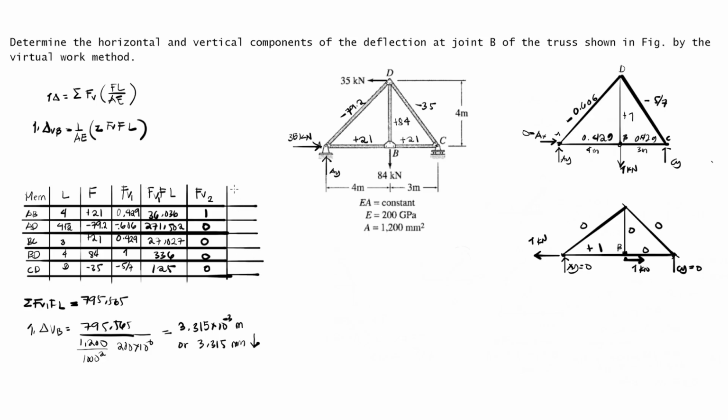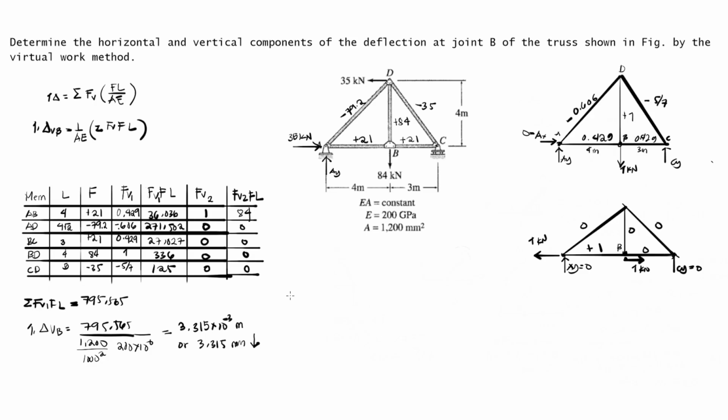So, ang next column natin is FV2 F times L. Okay, automatic yung mga FV2 0, 0 na yan. Okay? Ang matitira na lang yung AB natin. So, ang FV2 natin is 1 times F, ang F niya is 21. So, 21 times 1 times L is 4. Okay? So, ang lalabas is 84.